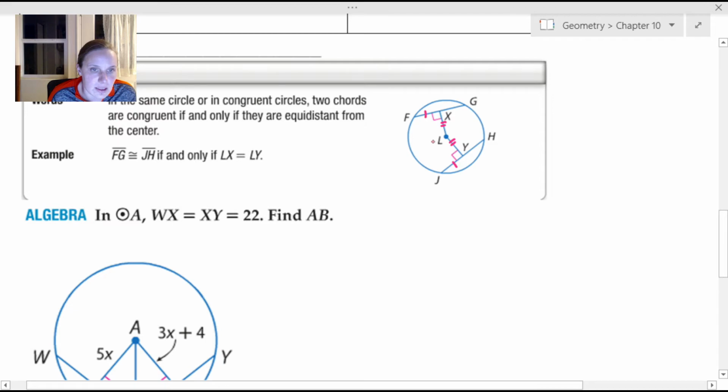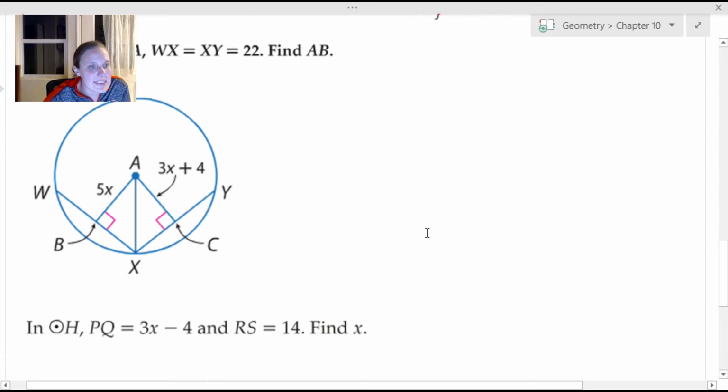That's what we're talking about. So it tells us that WX and XY are both equal to 22. So this is 22 and this one is also 22.